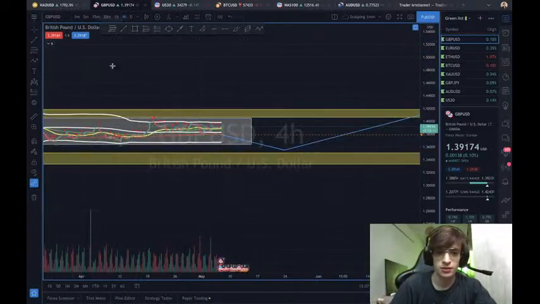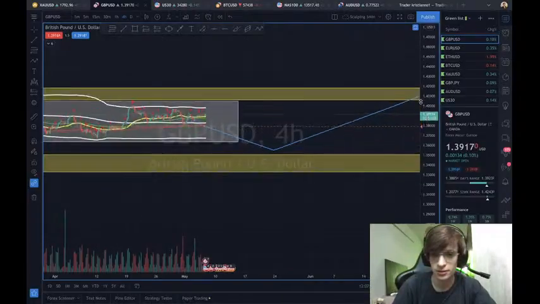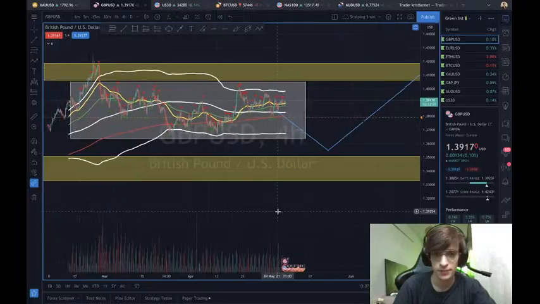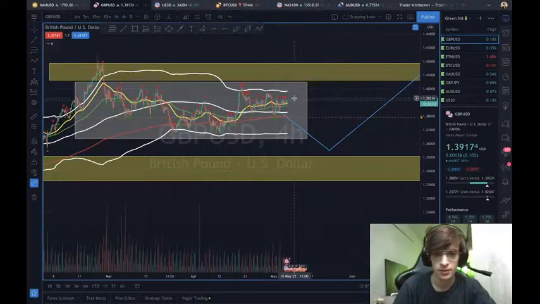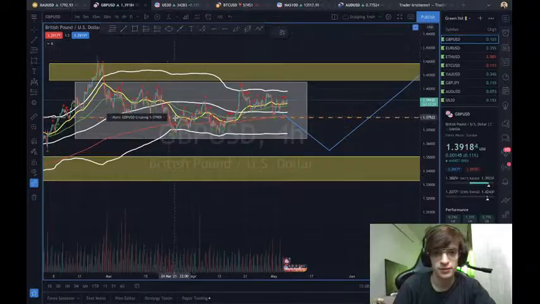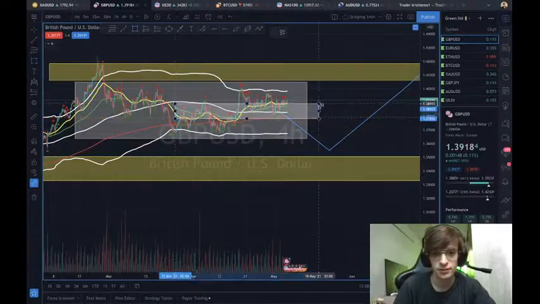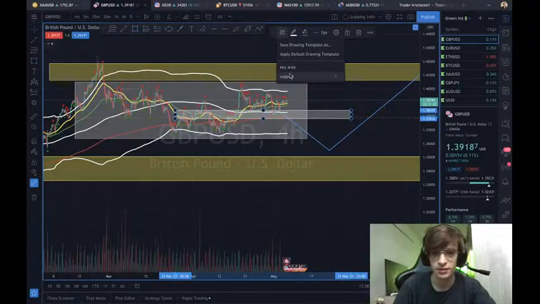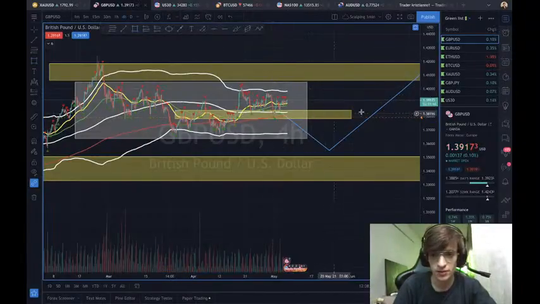Now let's check the 4-hour time frame out. Yeah, here is clearly a resistance area, and now it's a support zone, probably.